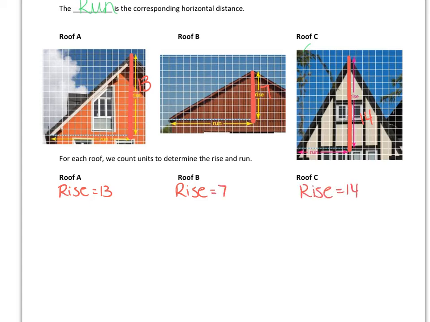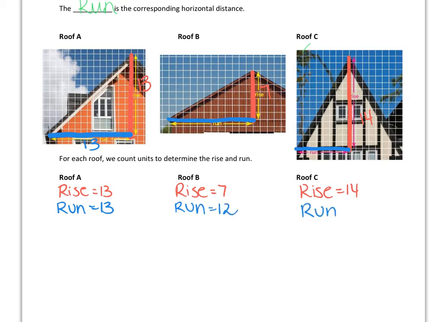All right, now the run in each case would be the horizontal distance. So in roof A, the run is 13 units. In roof B, the run is 12 units.